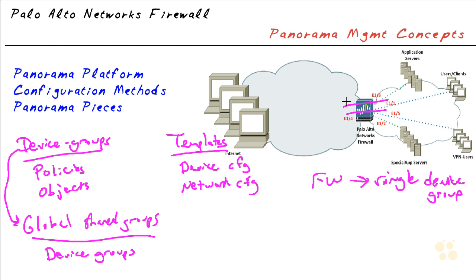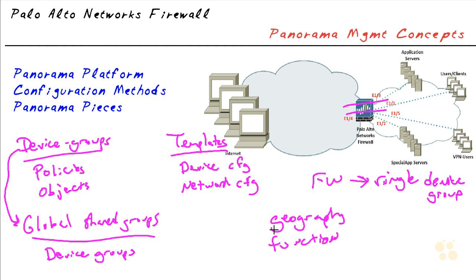So I do have a little bit of control as far as that goes, not on the firewalls that we're using in our lab, because remember, the VM100 model and the PA200 don't allow for virtual systems or virtual routers. But on my larger systems where I have virtual systems, I can actually break that down. I can deploy globally as a single group, I can do it based on things like geography, or based on functional boundaries.